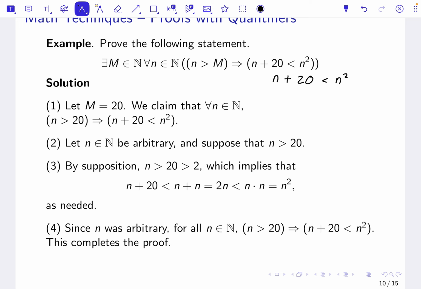Might not be immediately obvious. And I guess you could use like the quadratic formula or something, but if you don't feel like memorizing that, then yeah, it looks kind of difficult to solve for n.